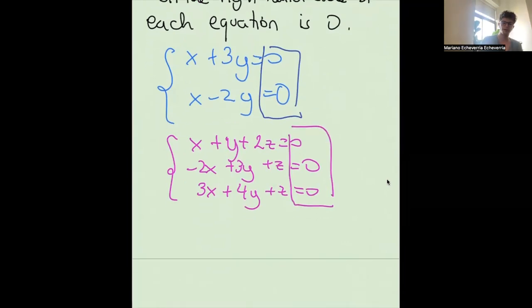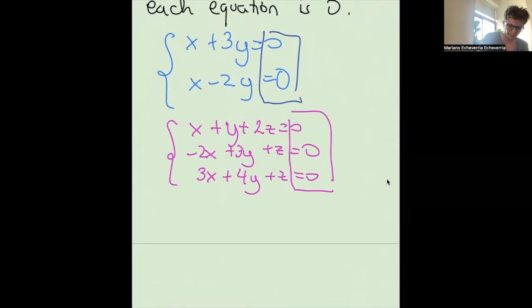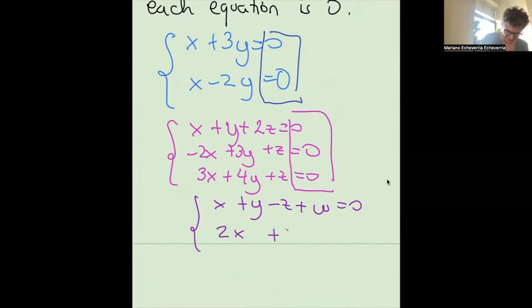Let's put another one: x plus y minus z plus w equals 0, and 2x plus z plus w equals 0. Every single constant here is 0.